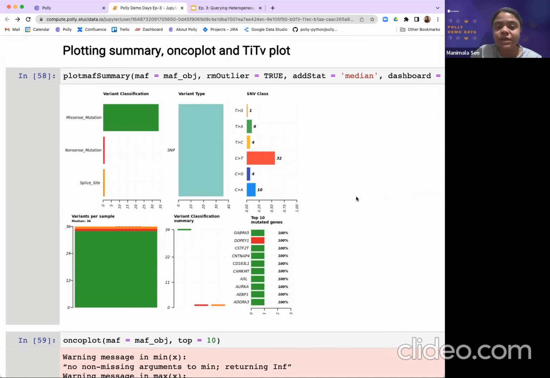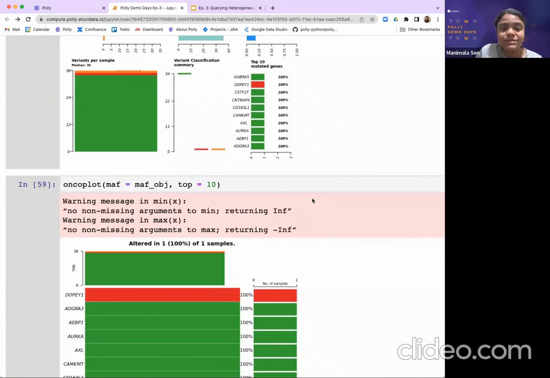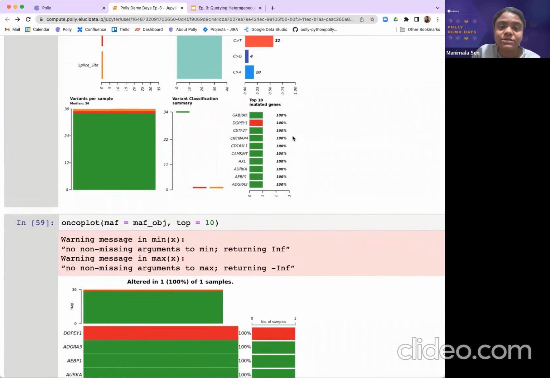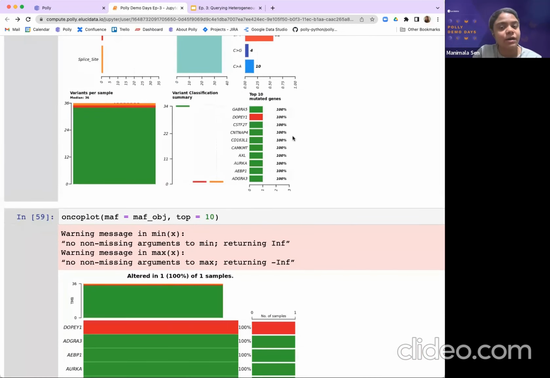T>G is only one, and most of it is C>T. On the plot below, you can see the variants per sample. In the summary itself, you see that there are 36 variants. You also get to see the genes that are mutated in this particular data set, or the sample from which this data set was derived. Nice.